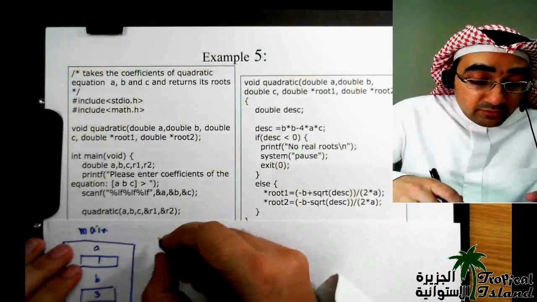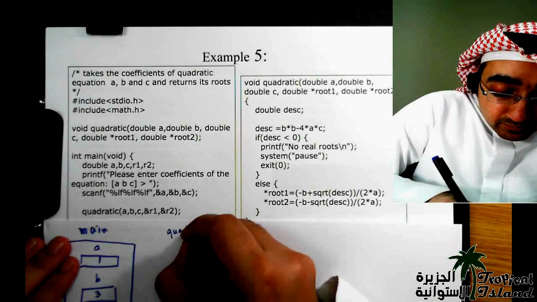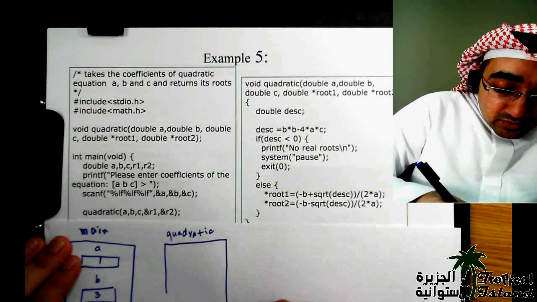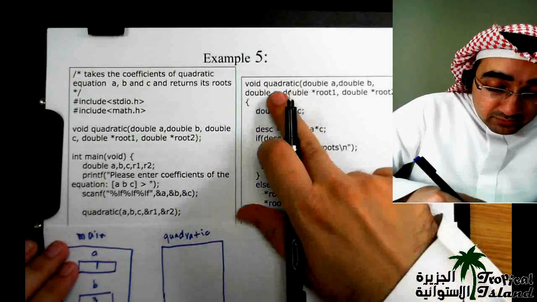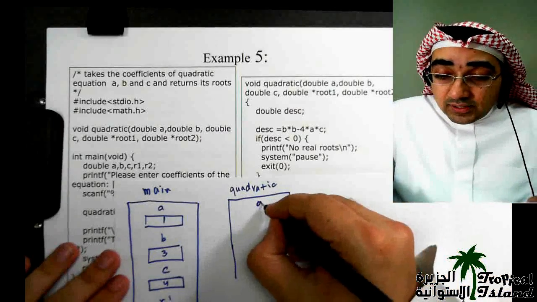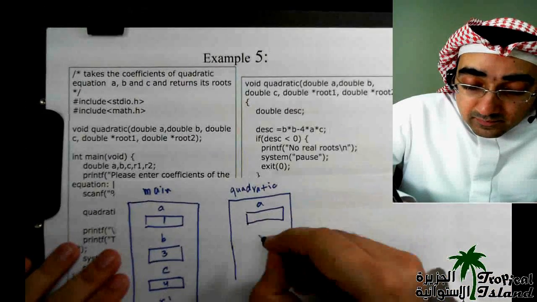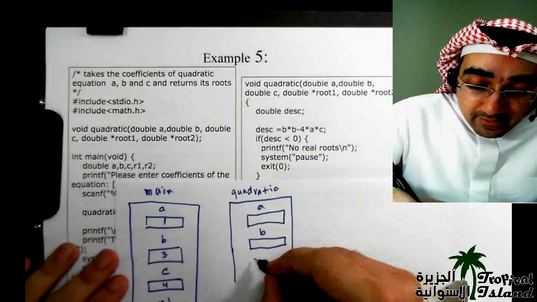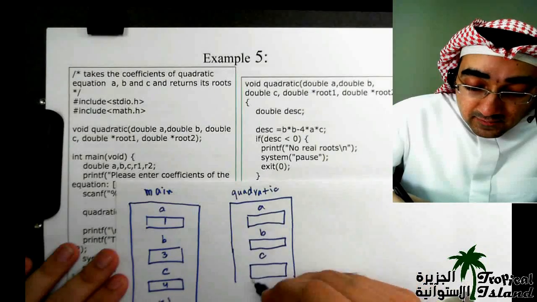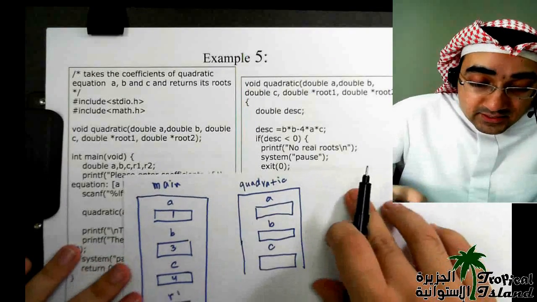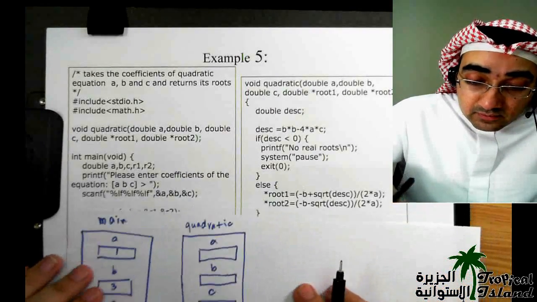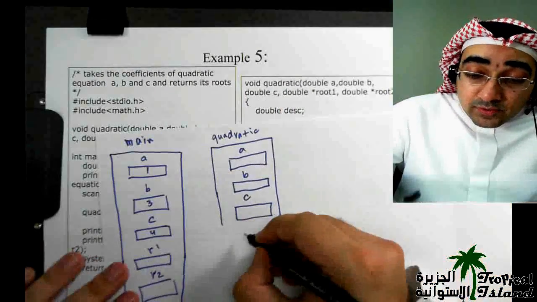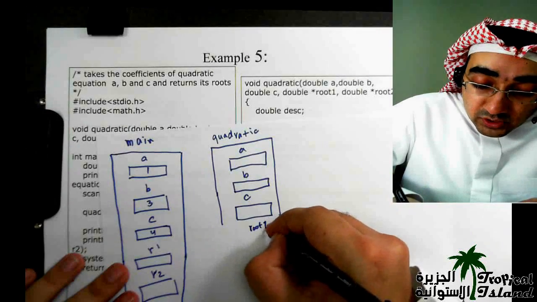Then I call my function quadratic. And it's going to allocate another memory set for me. And quadratic function has a, b, and then it has c, then it has pointer root 1, so I'm going to use the small notation.